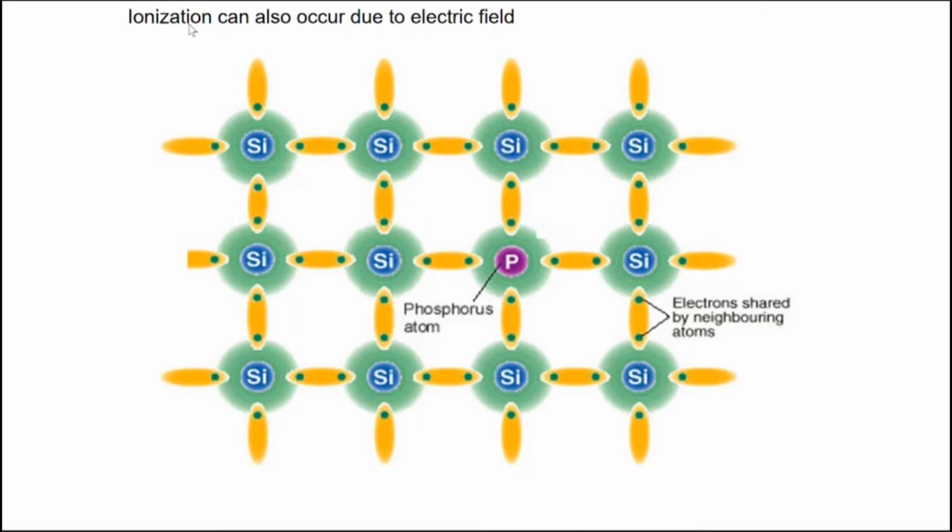And there's a separate phenomenon that can occur, where ionization can also occur due to the electric field. It's not a multiplication process like avalanche. It's not one electron gaining enough energy from the field and knocking out an electron hole pair. It's simply an ionization process where a large electric field rips an electron out from the lattice here, right?